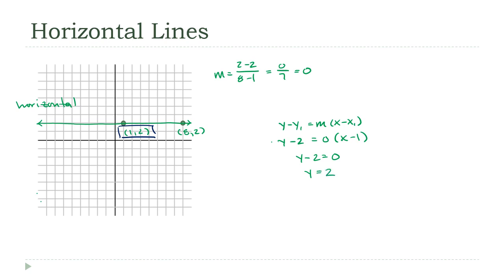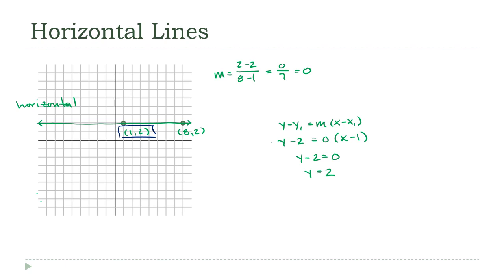And this is the second interesting point about these horizontal equations. We ended up with one that only has one variable. And that's really going to be the key indicator that you look for to determine if a given equation represents a horizontal line.